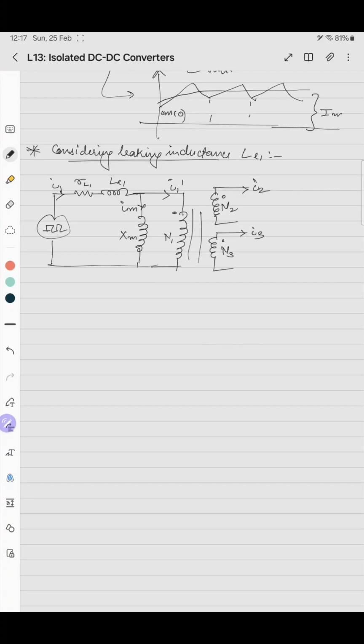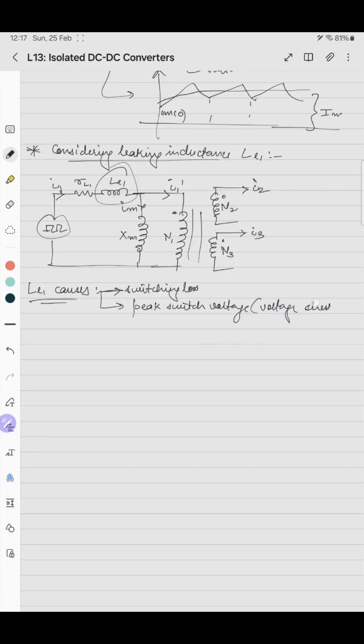So what does this LL1 cause? Switching loss, and it will result in peak switch voltage, or the voltage stress across a switch increases.